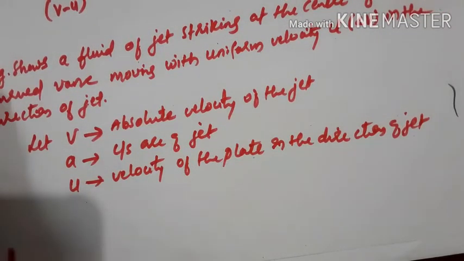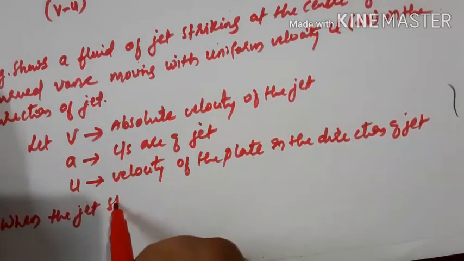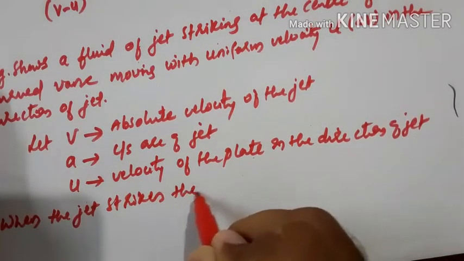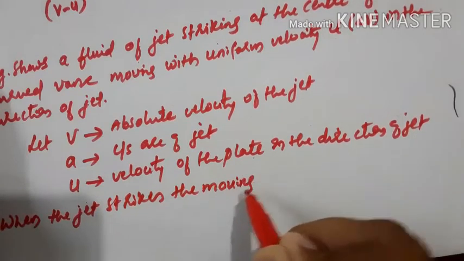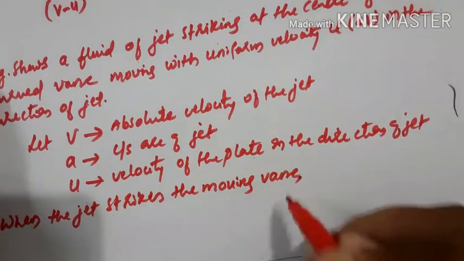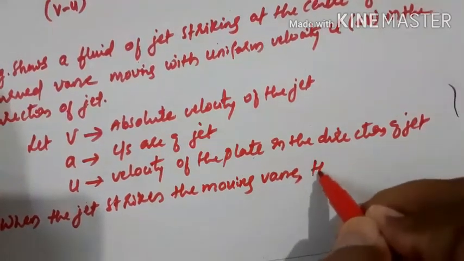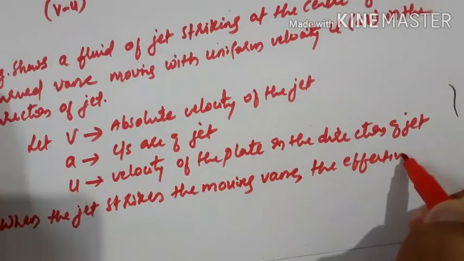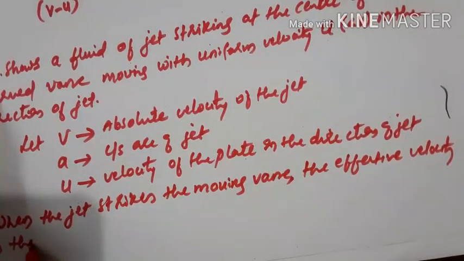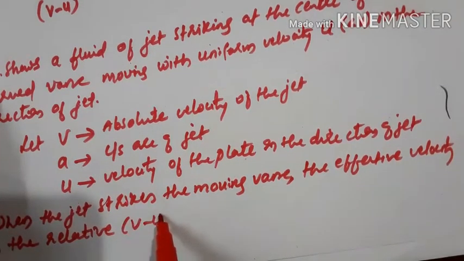So when the jet strikes the moving vane, the effective velocity is the relative velocity. Effective velocity will become the relative velocity, that is v minus u.